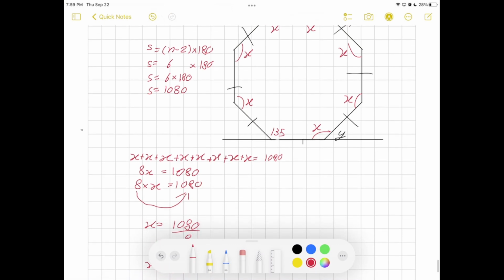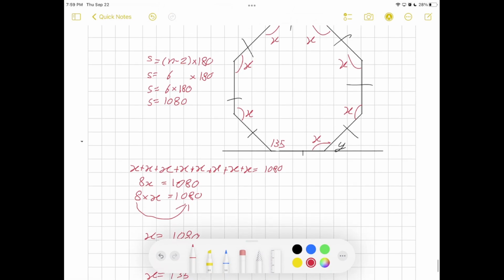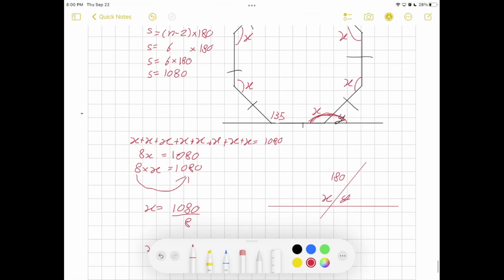Now finding y should be pretty simple from here on out, because we know that the whole straight side is 180 degrees, and we already have x, which is 135. So let me redraw it for you. So we need y, and we have x. We know that the whole angle is 180, and we have 135 of that.